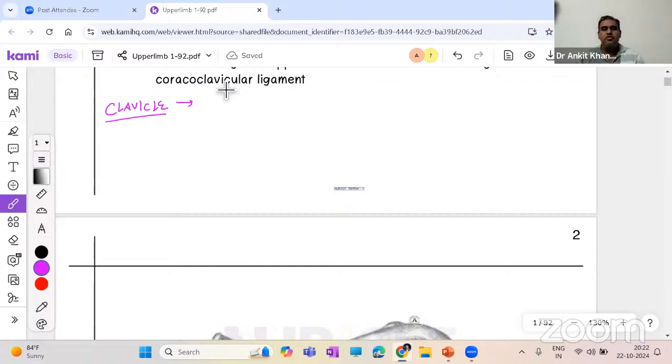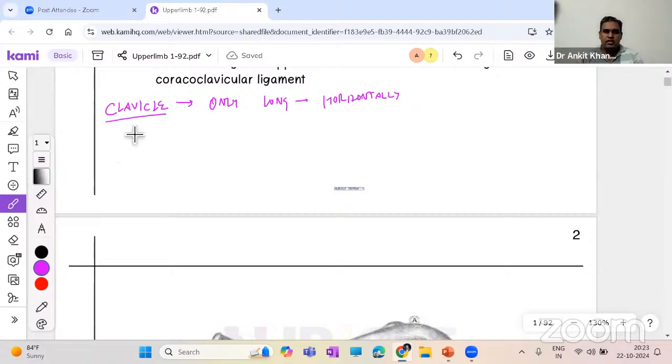So a clavicle, a few features you should know about clavicle: it is the only long bone which is lying horizontally, like this, not vertically. All the other long bones in the body, be it your radius, ulna, humerus, femur, normally lie vertically, but it lies horizontally.